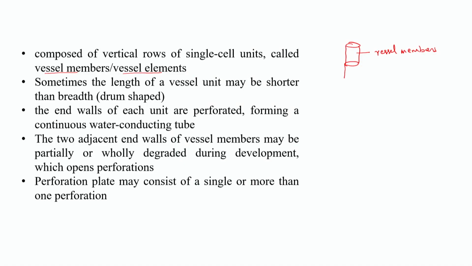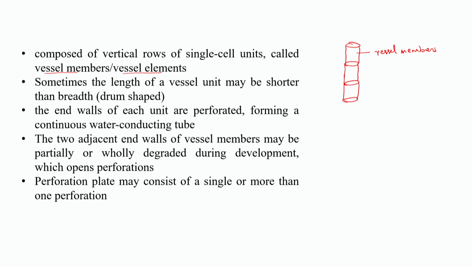So a large number of these vessel elements will join together to give rise to a tube-like pipe. Now these vessels are quite broad, they have a very broad diameter as compared to tracheids, so their conduction is better, so that's why they are more evolved, and they are found in angiosperms.